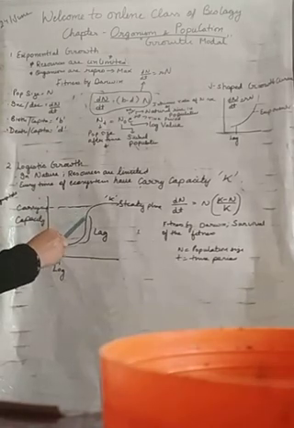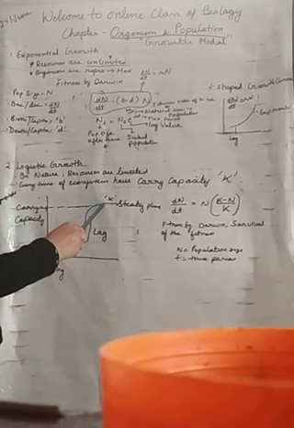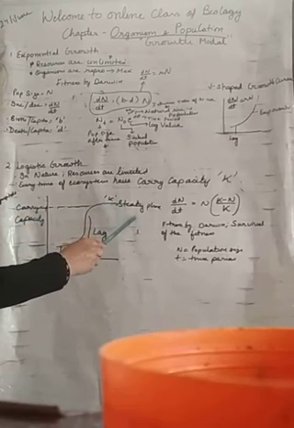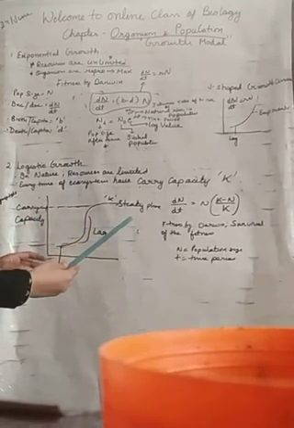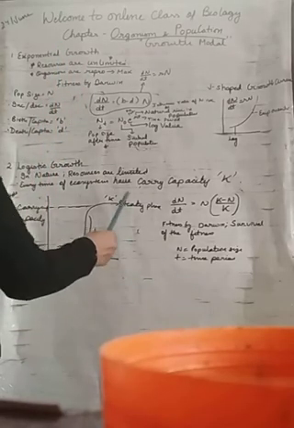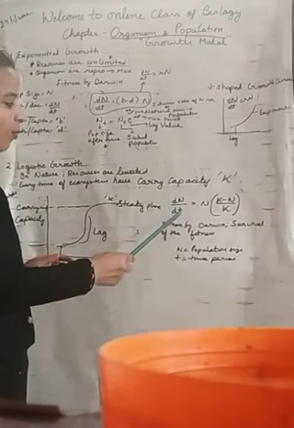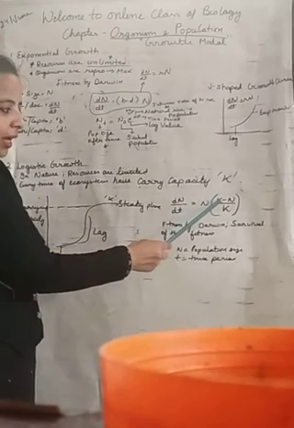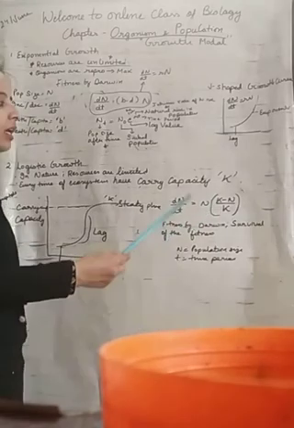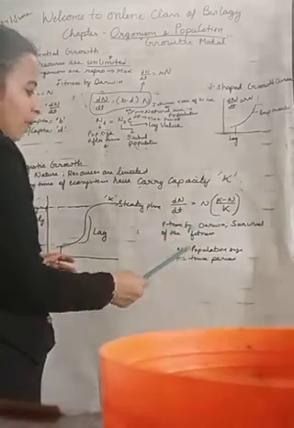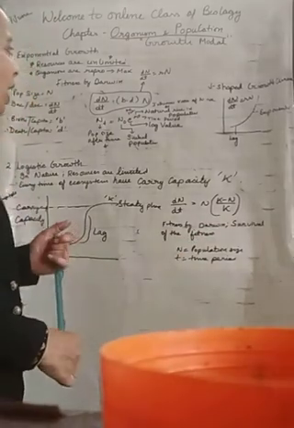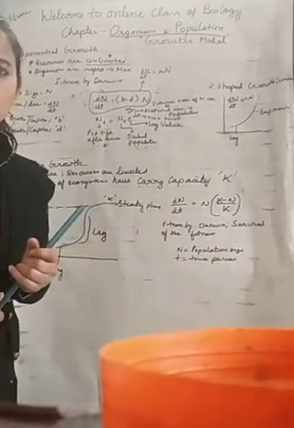And if by chance population size increases more than this carrying capacity, it will fall down and the population of that organism will decline. Clear? It is represented by the equation dN upon dt equal to rN (K minus N) upon K. K is important here, and K represents your carrying capacity. And this K is the fitness by Darwin. So I hope the thing is clear to you all.